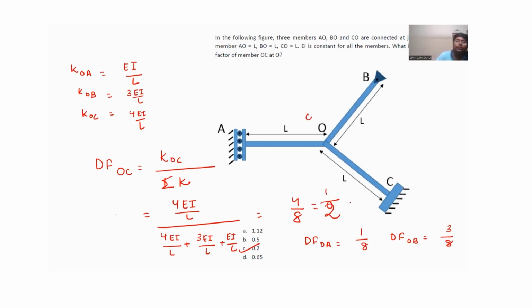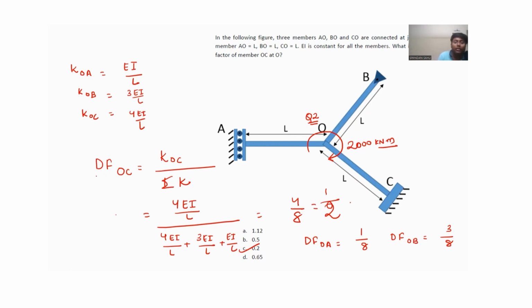Now they are telling that they are applying a moment of 2000 kilonewton meter. So they are asking for member OC, meaning how much moment the member OC will attract.